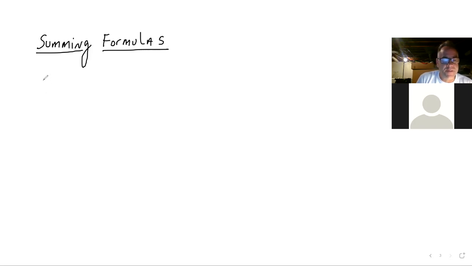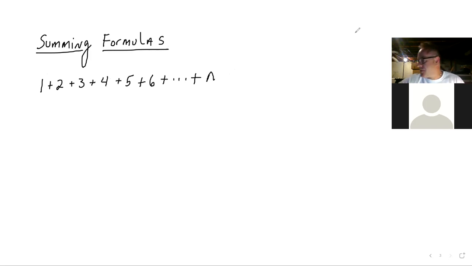And that is if I add consecutive counting numbers, and now I'm going to use ellipses and say up to some counting number going consecutively. And I'm just going to write that as a letter N. Now, this is important when we look at some other summing formulas.